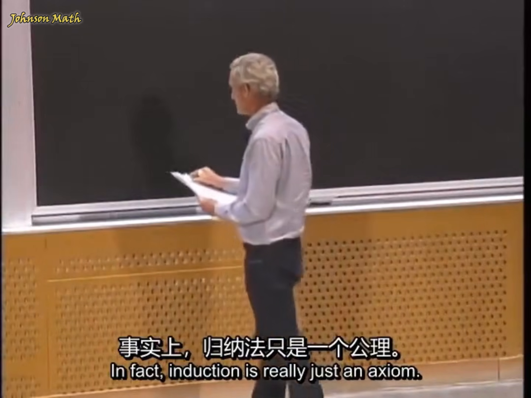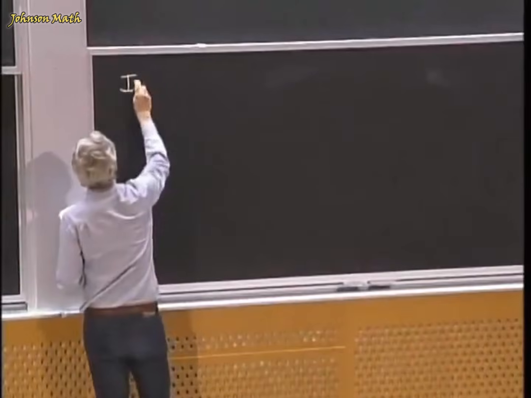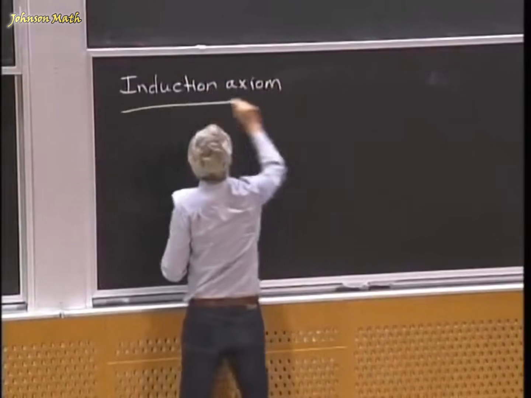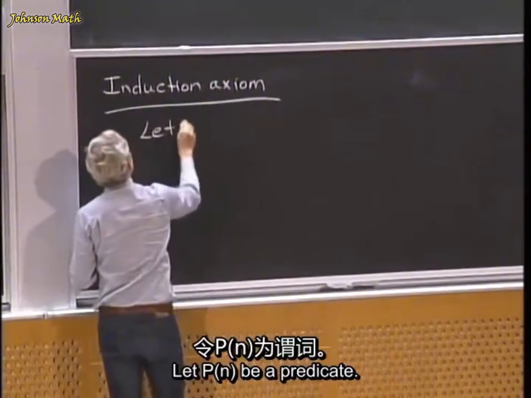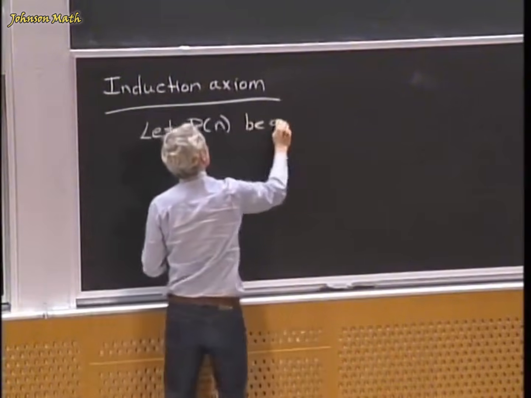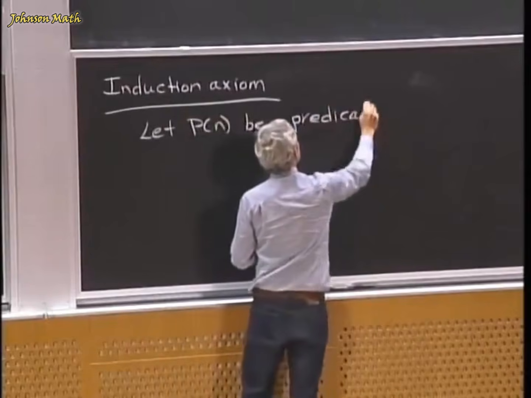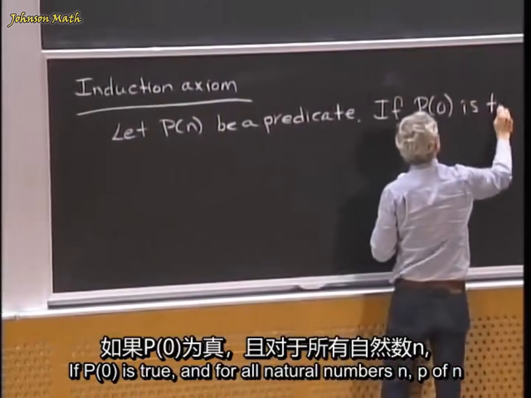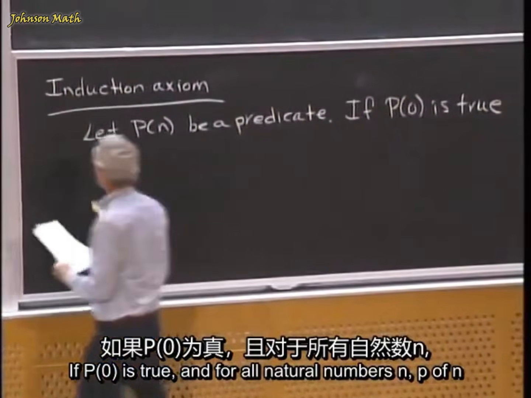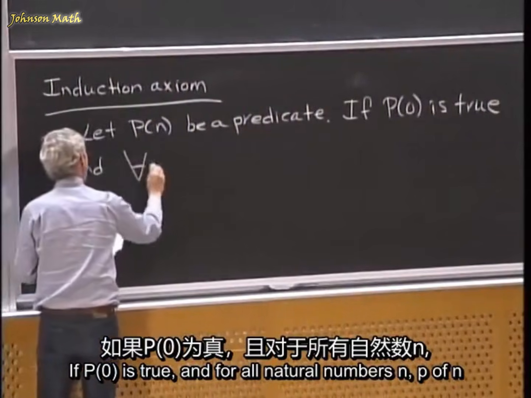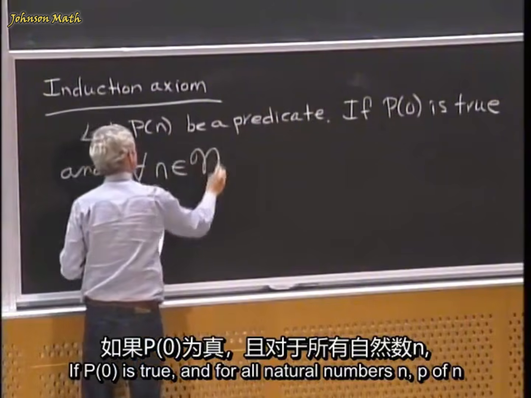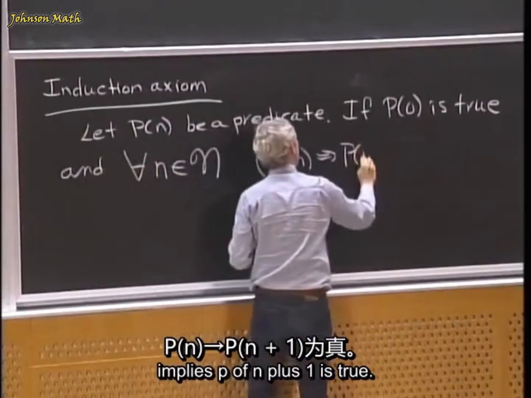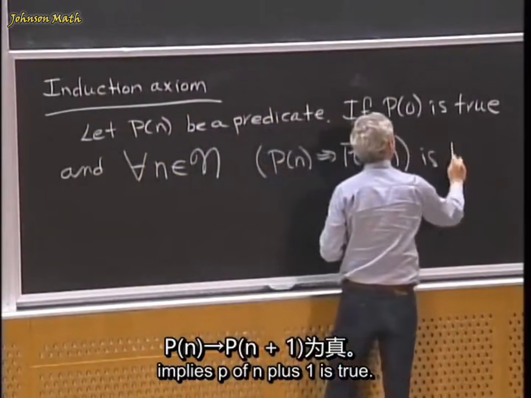In fact, induction is really just an axiom. So let me state it. Let P(n) be a predicate. If P(0) is true, and for all natural numbers n, P(n) implies P(n+1) is true.